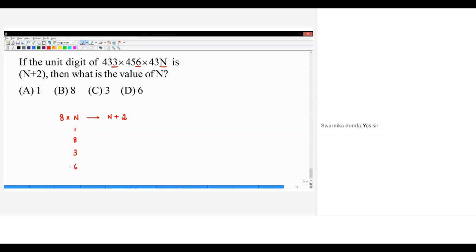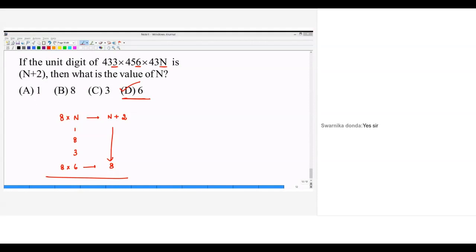But if you substitute 6, it is ending with 8. If n is 6, n plus 2 is 8. So that is perfectly suitable. So I would say the answer is 6. Hope that's clear.